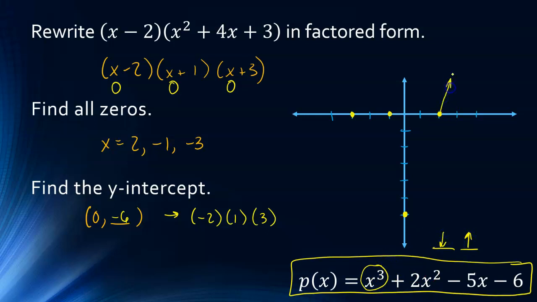So we're going to go up and to the right, down and to the left, and then connect these. All of these factors also have a degree of 1, so that means that all of those have an odd multiplicity, so it's going to be all pass-throughs. There's not going to be any bounces at any of those x-intercepts. So this would be the shape of our polynomial if we were to graph it.